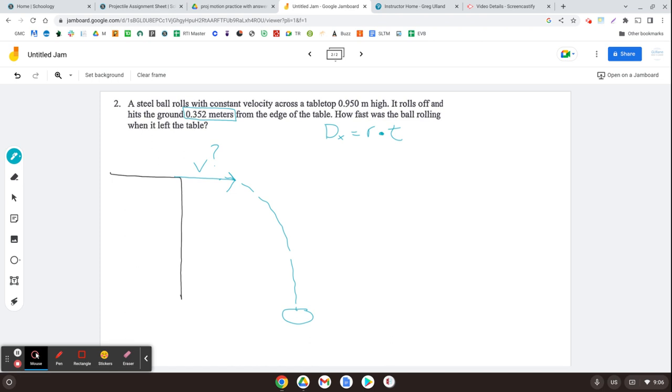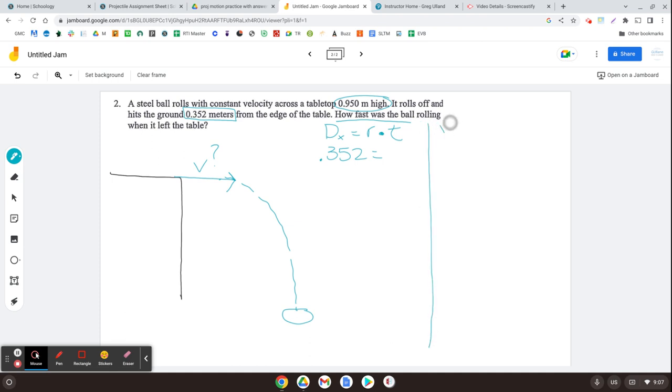Well, we know 0.352 is our distance, but we don't know our rate or our time. So in order to find our rate, which is what we're asking for, we're going to need to solve for time. Oh, I understand. This solving for time is going to involve the exact same process as the last problem. So let's solve for time.